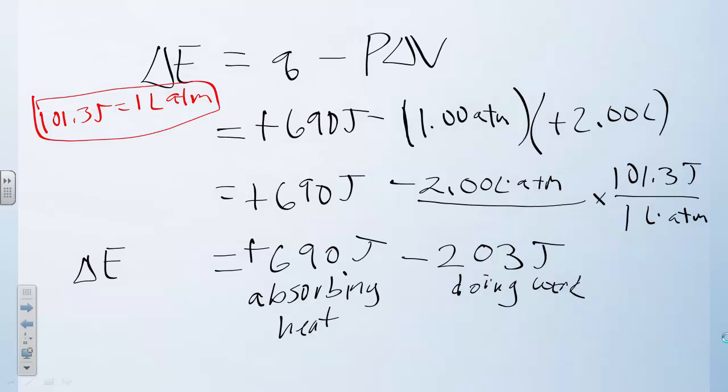And so the internal energy change here, if we do the math, is only 487 joules. So delta E is 487 joules positive, Q is 690, and the work is minus 203 joules.